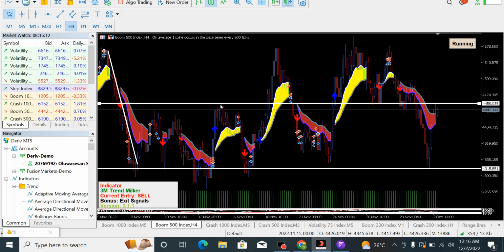Here is a resistance zone. Now check it out. It actually went up till it got to that level before pulling back to this region. Right now it is going back up. If it gets there and doesn't break out from there, then definitely we should expect it to pull back also. That is why you need to understand all these.